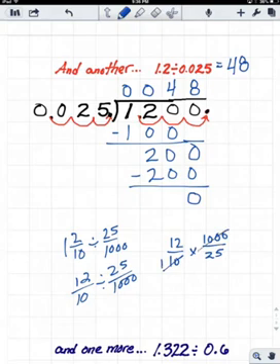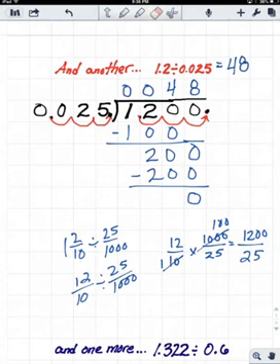Divide, I get a 1 here, and I get a 100 up here, and then 12 times 100 is 1200 divided by 25. This looks a little familiar. 1200 divided by 25. Okay, here's just another look at it.